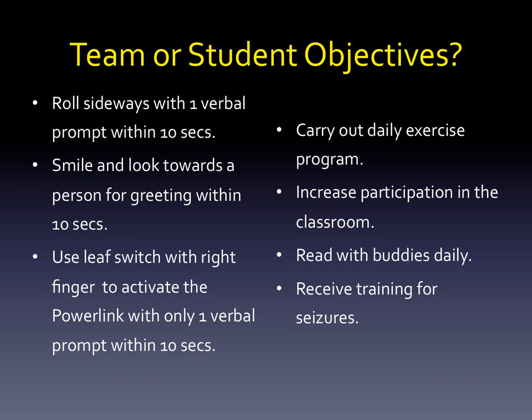I tend to feel that phrases like those listed on the right side, objectives for the team, should be included in the strategy section of the IEP. That's my feeling. They indicate what the team needs to do to support the student's growth on actual skills. Thank you for your input there.